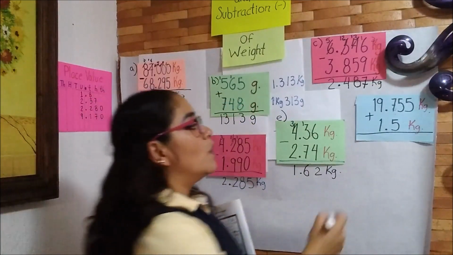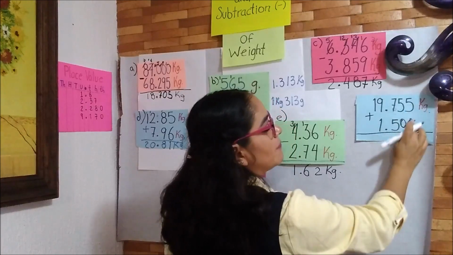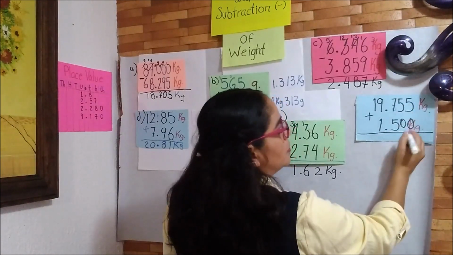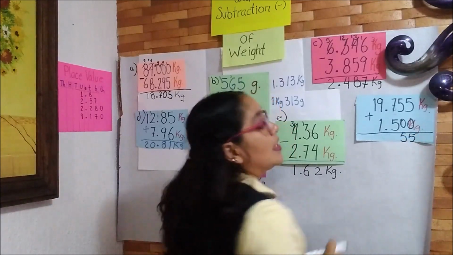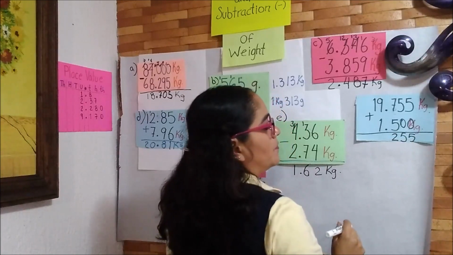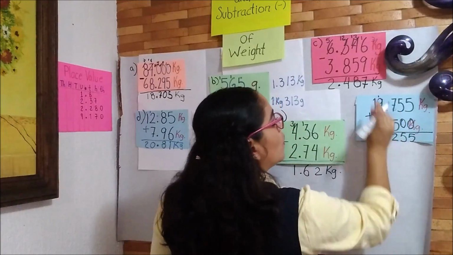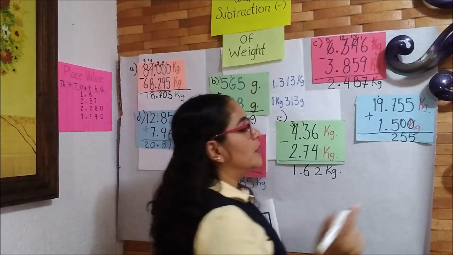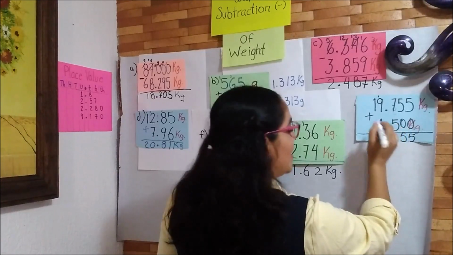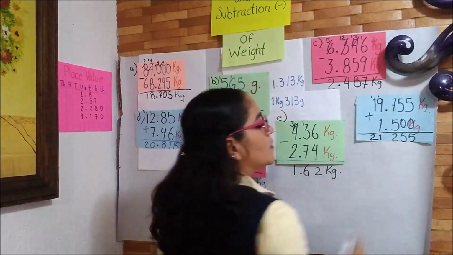So here we can fill the empty spaces and we have 5 plus 0, 5. 5 plus 0 again, 5. 7 plus 5, 12. Now I have 1 here, 1 plus 9, 10 plus 1, 10, 11, and 1 here, it's 2.